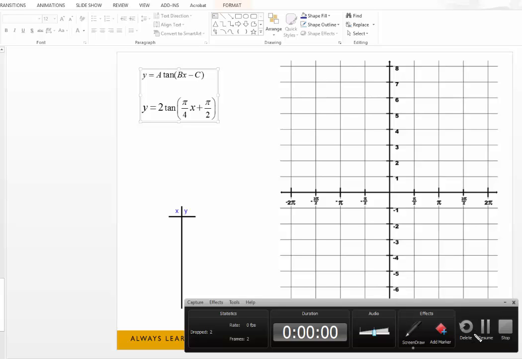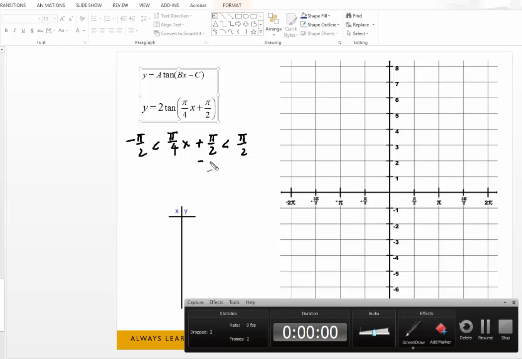All right, so I want to do one last example now that has the A, B, and C numbers in it. So this is a tangent graph, so we're going to take that bx minus c part here, the pi over 4x plus pi over 2, and set it between, since it's tangent, pi over 2 and negative pi over 2. Now, if this was cotangent, it would be 0 and pi here, so just the differences.